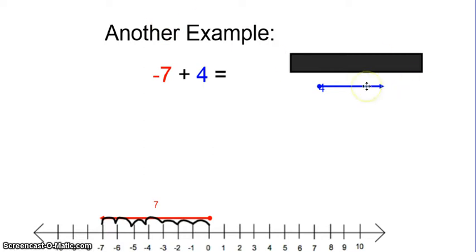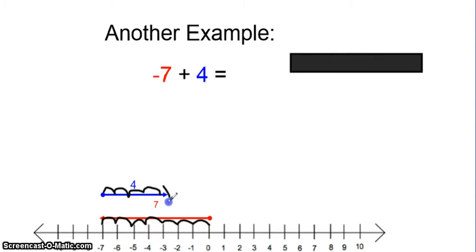Now we're adding a +4. If we're adding a +4, since we're in the negative realm, we're going to go back towards 0. So we're going in the +4 direction, adding 4 onto this. We come back 1, 2, 3, 4.